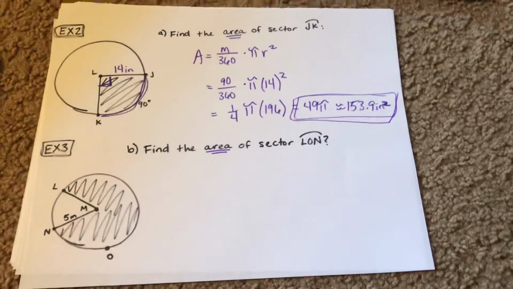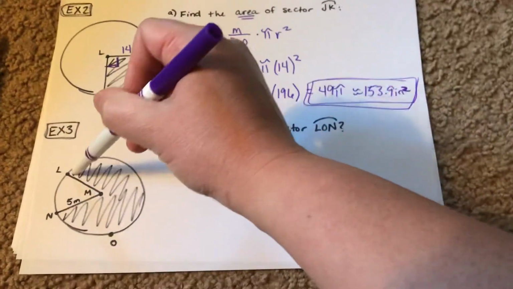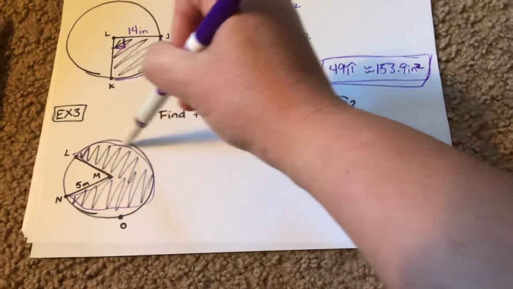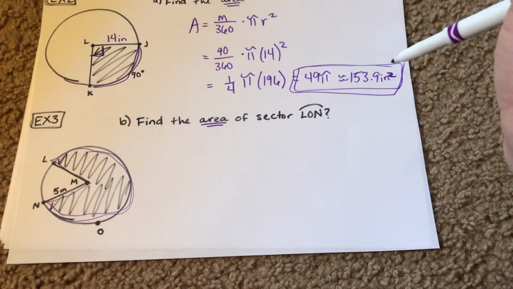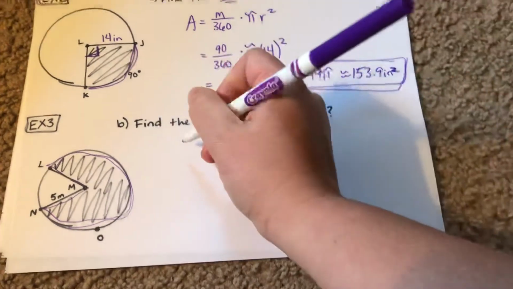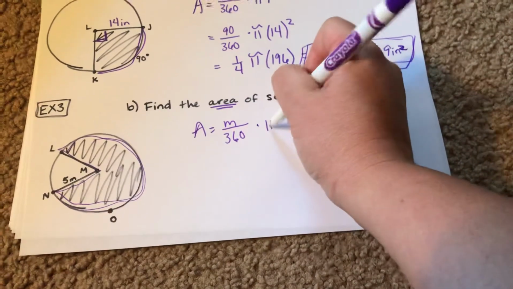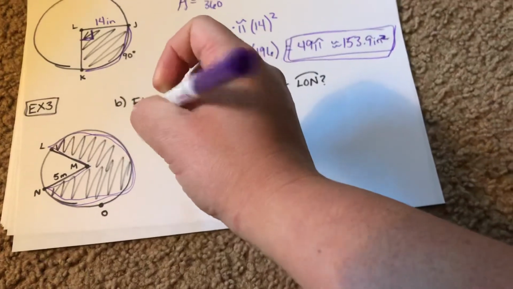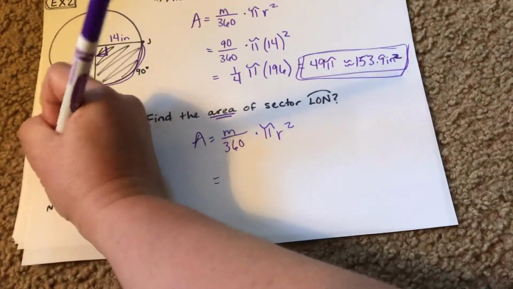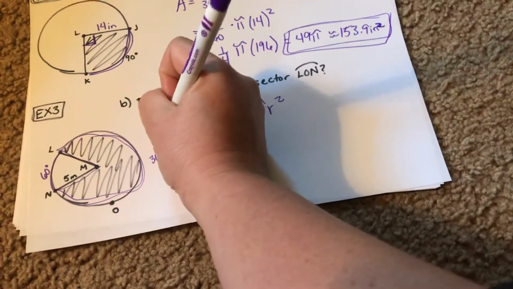Last but not least, example 3, find the area of sector LON. So it's this huge Pac-Man here we've got going on. All right, so if we're looking for LON, we're doing it the same way. Area is the measure over 360 times pi times the radius squared. In this case, our measure, wow, I'm terrible at writing these out. I said LN is 60 degrees. Can we figure out what LON is? 360 minus 60.